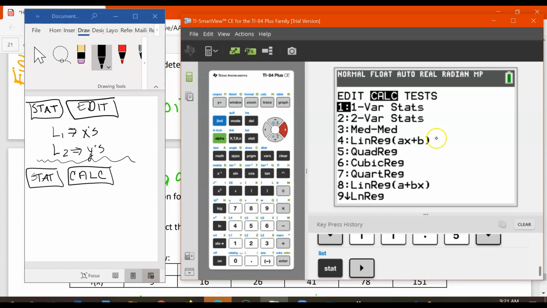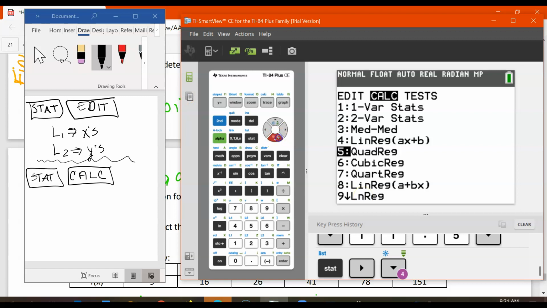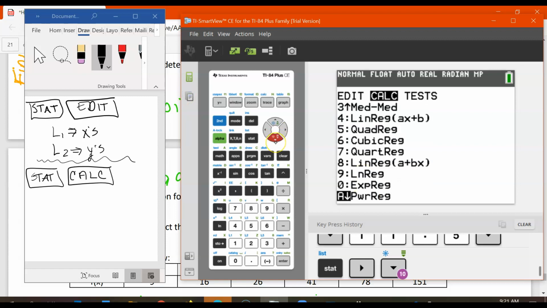Number 4 is a linear equation. Number 5 is a quadratic. Number 6 is a cubic. Number 7 is a quartic. Number 8 is another linear of a slightly different form. Number 9 is the ln, which is the natural log, which you have learned already. So if we keep going down, the next one, 10, is exponential. And A is a power.